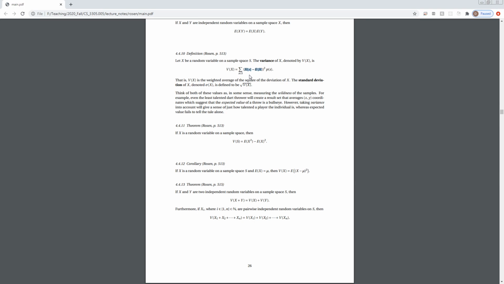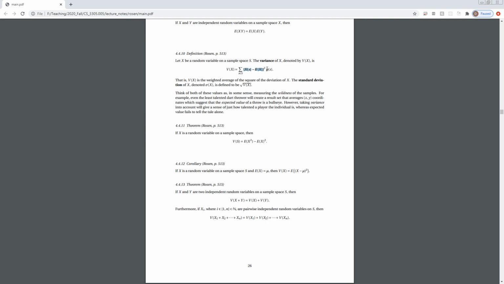So the square is just to get rid of the sign, so that as we add this error up, we're always adding up positive values. Then we multiply by the probability of that particular sample. So that gives us variance.